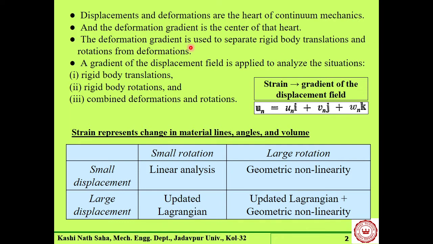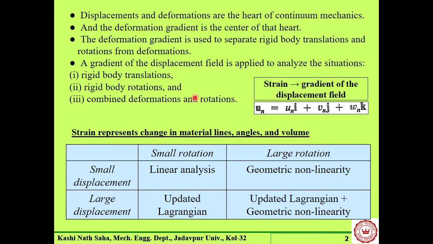The other part is the deformation. So the complete picture is revealed when we isolate this displacement, and in displacement there are two parts, rigid body translation and rigid body rotation. In addition, there is a deformation. This is the complete picture. And the gradient of the displacement field is applied to analyze the situations of rigid body translation, rotation, combined deformation, rotation, etc.